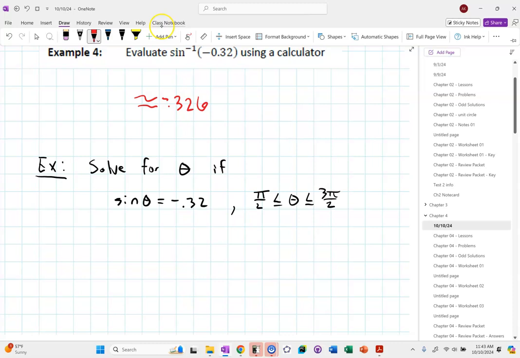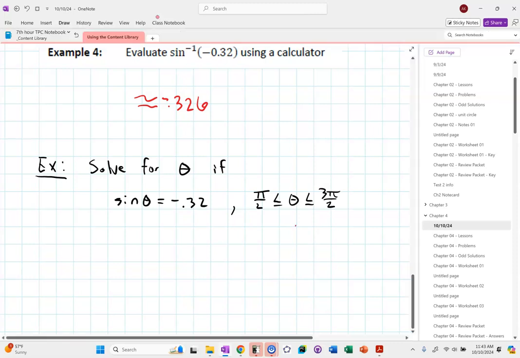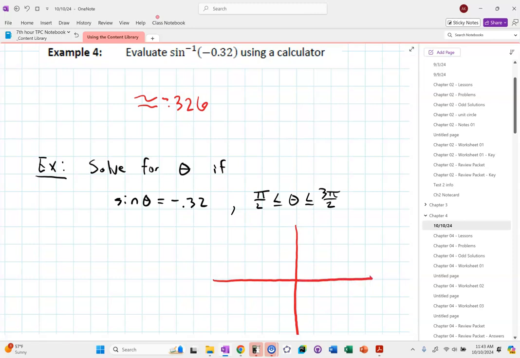So to start this problem, I'm going to start by drawing a picture. I'm going to draw my xy axis, and I'm going to think about my answer for theta. My answer for theta needs to be between pi over 2 and 3 pi over 2, so it needs to be a positive number, right?